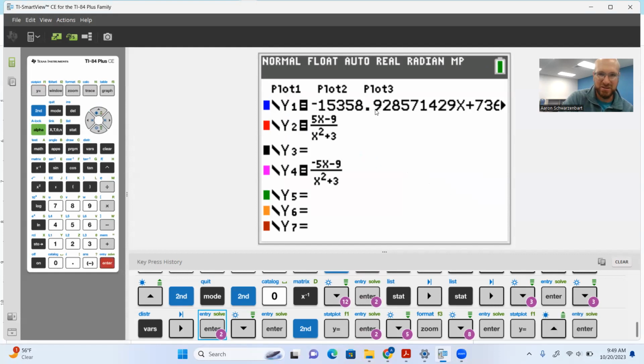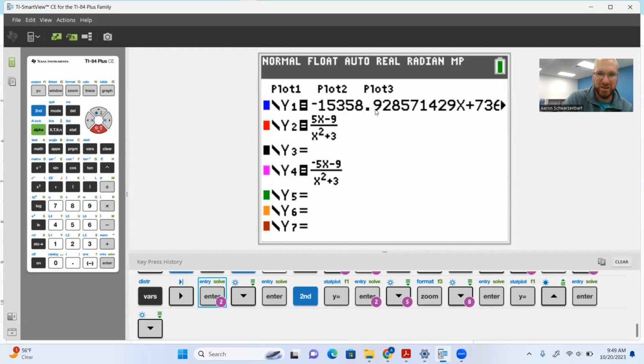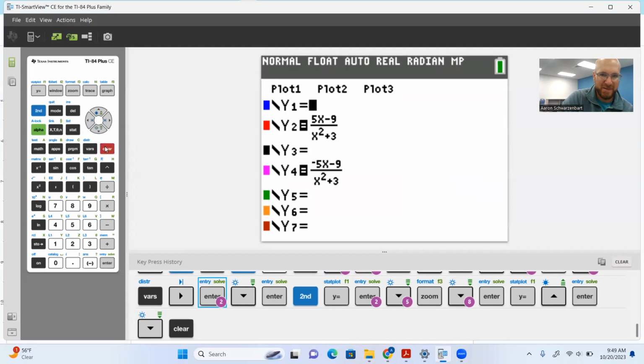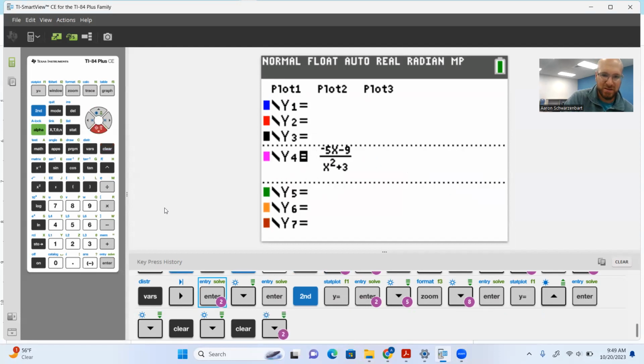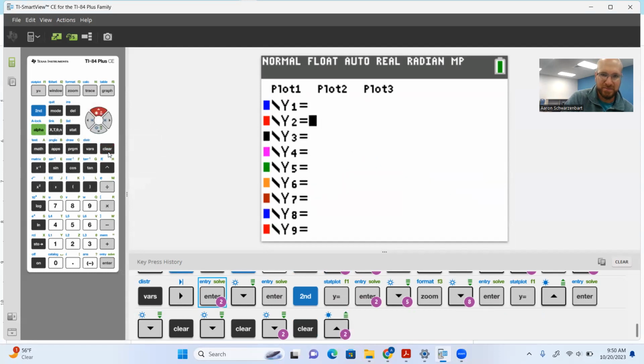First thing I'm going to do is turn off plot 1, by scrolling over plot 1, highlighting it, hitting enter. I'm going to clear all of these graphs out. And I'll type in the slightly rounded off one.